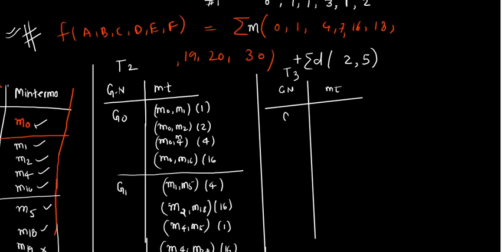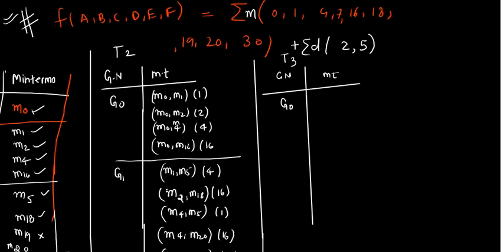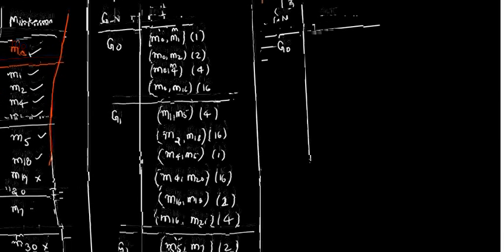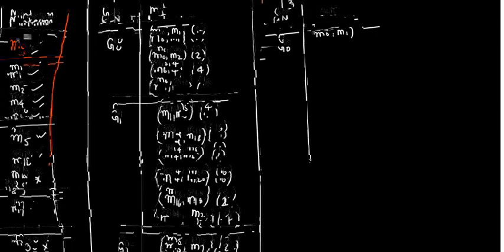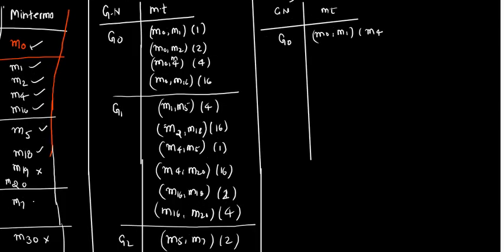Can we group M0, M1 with any one of these? Yes. M4, M5. Interdifference is 4. Yes, we can. So M0, M1 with M4, M5, the difference is 1, inter is 4, right?